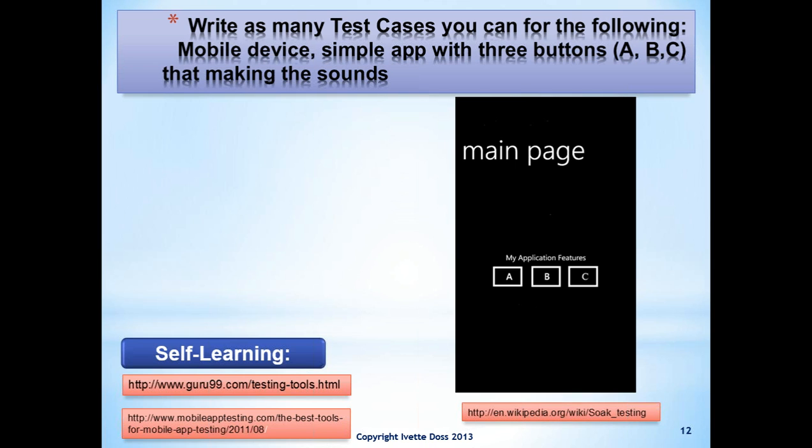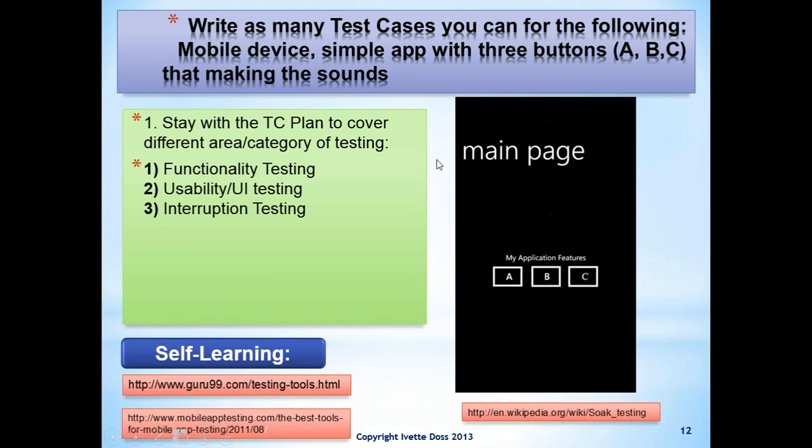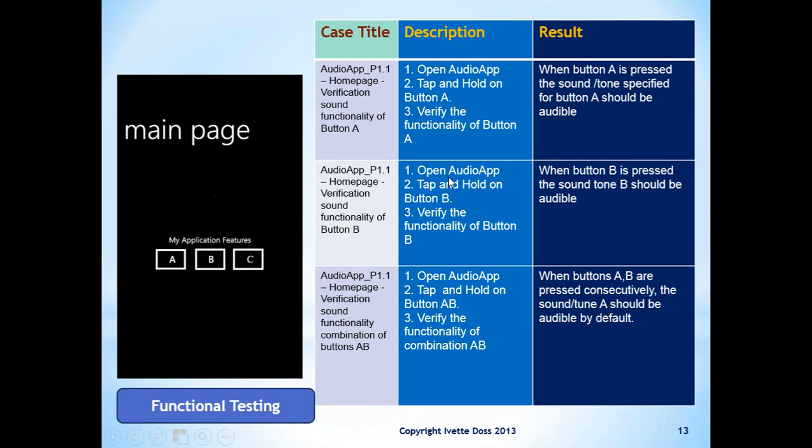You should create some list first, and it will stay with your test plan to cover different areas and categories of testing. And believe me, even with these 3 buttons, you can create a lot of test cases. So I created some of them for you, so you have at least some hands-on taste of what kind of test cases could be created around simple buttons.